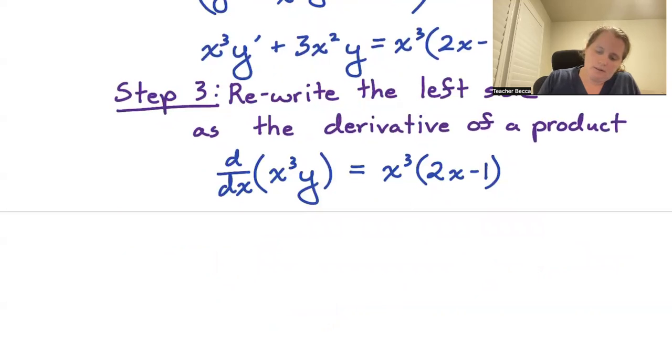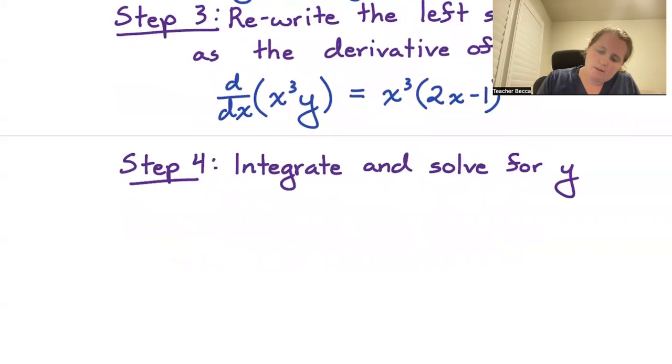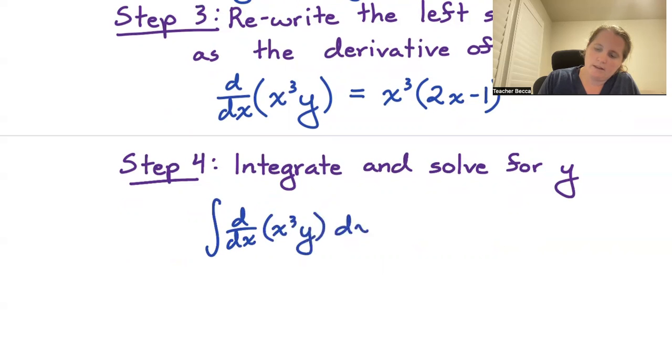Then we integrate and solve for y. So we have the integral of the derivative of x cubed y dx is equal to the integral of x cubed times 2x minus 1 dx.